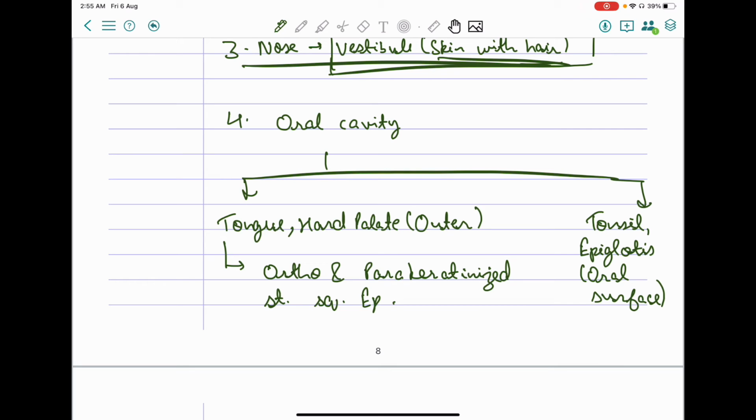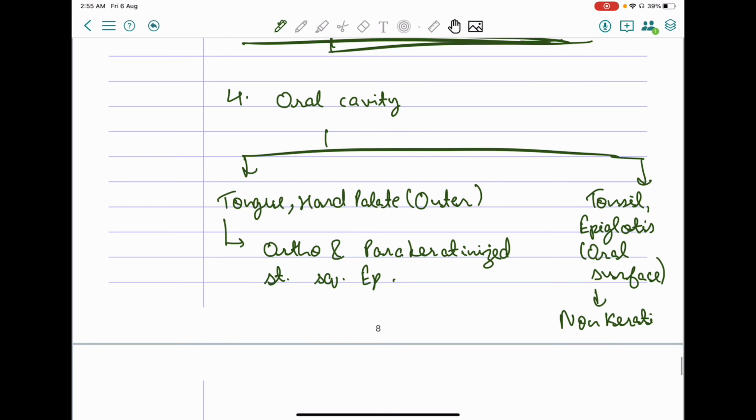Which type of stratified squamous epithelium is found? That is non-keratinized stratified squamous epithelium.